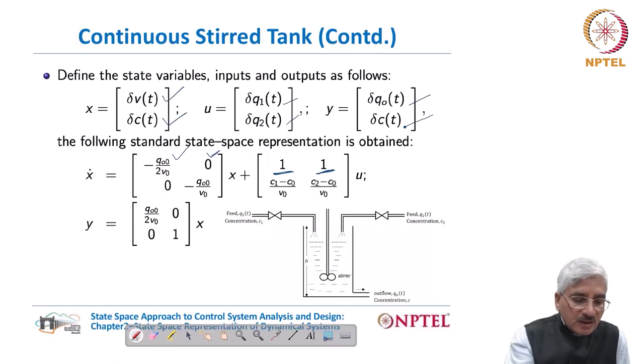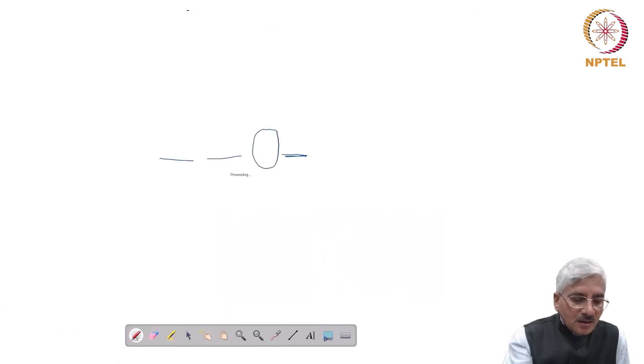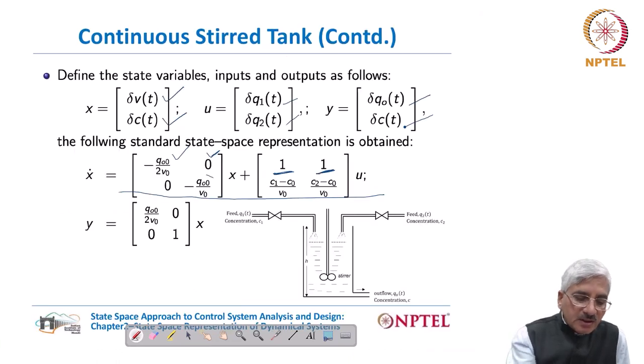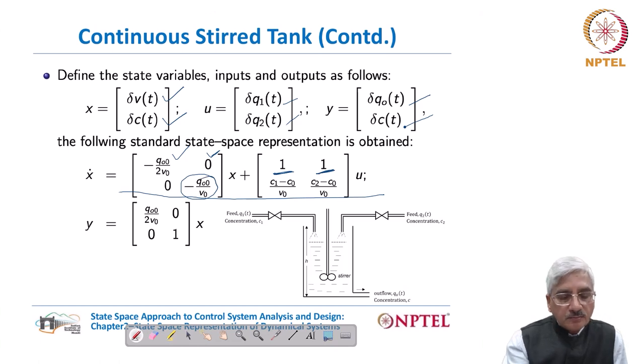So this row corresponds to x2, and we see that this depends through this on itself. So minus Q0 by V0 is the coefficient which is appearing here. That is the only coefficient in this row in that matrix.